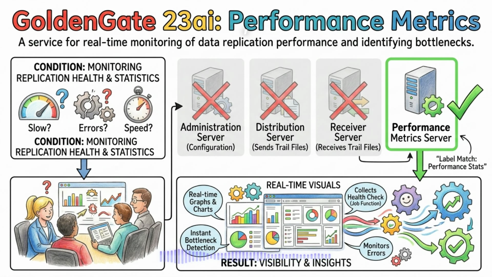It provides real-time graphs and charts, allowing you to instantly see if your replication is slowing down or facing a bottleneck. In a real-world job, you will check the performance metrics server daily to ensure your environment is healthy. The certification exam expects you to know exactly which service provides these critical health and performance statistics.